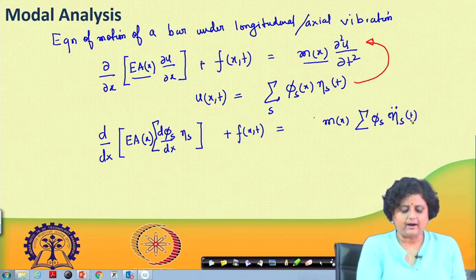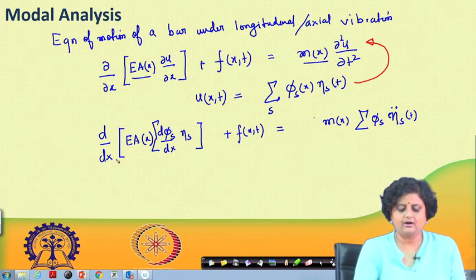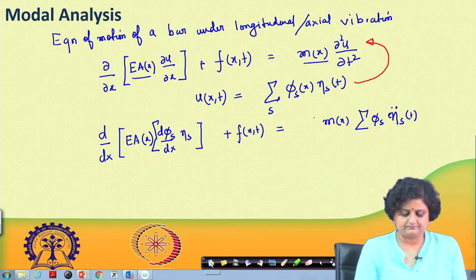So, the partial derivative has gone because now I have separated my variable u x t in terms of x and t. Now, let us see what we can do further.